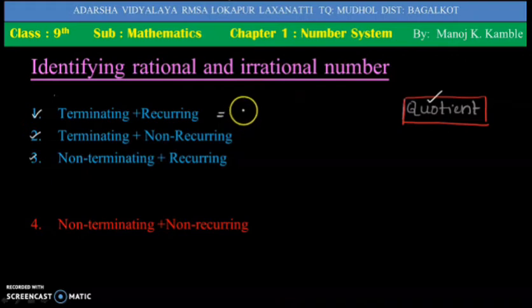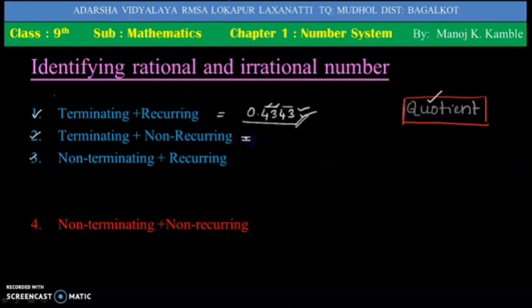If the decimal expansion is like 0.4343, then this type of expansion is called terminating recurring. Why terminating? Because the digits end here, 0.4343. Why recurring? Because the digits 4343 are repeating here. That's why it is called terminating with recurring.